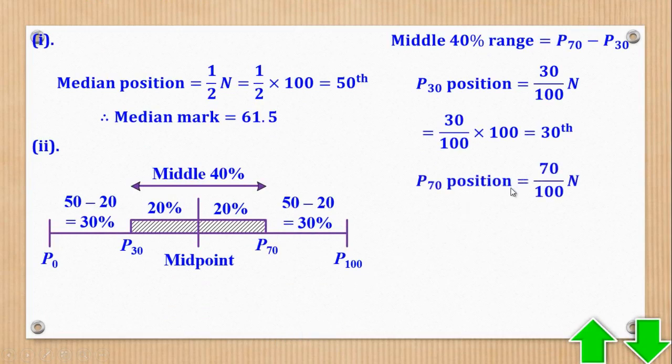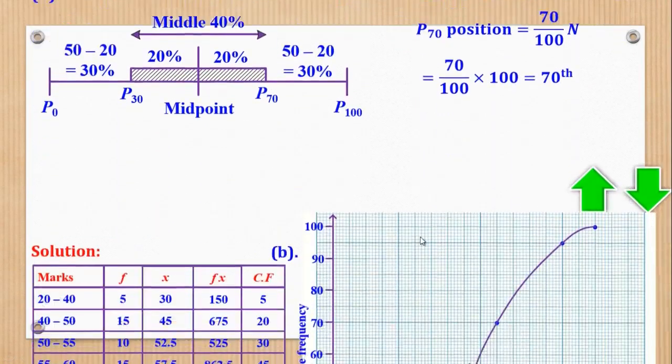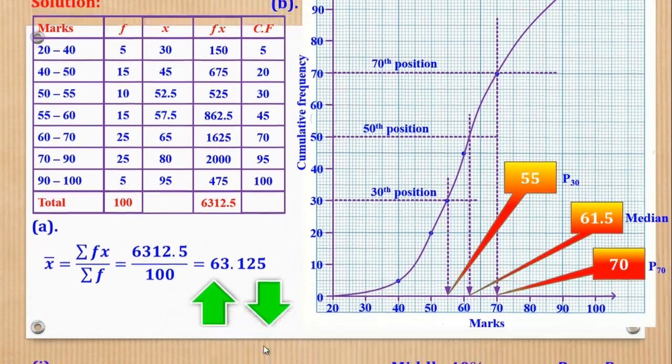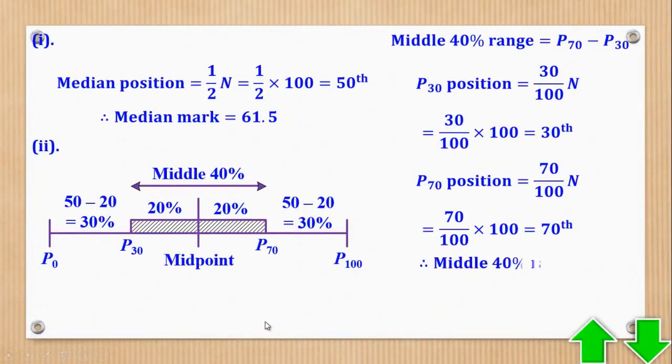What about P70? P70 is still 70 over 100 times 100 to give you the 70th. So I'll come here and locate the 70, take it to the curve and downwards to read off the value. Now I have P70 and I have P30. Therefore, to get the middle 40% range, I'll have to subtract. And that will be the answer they wanted.